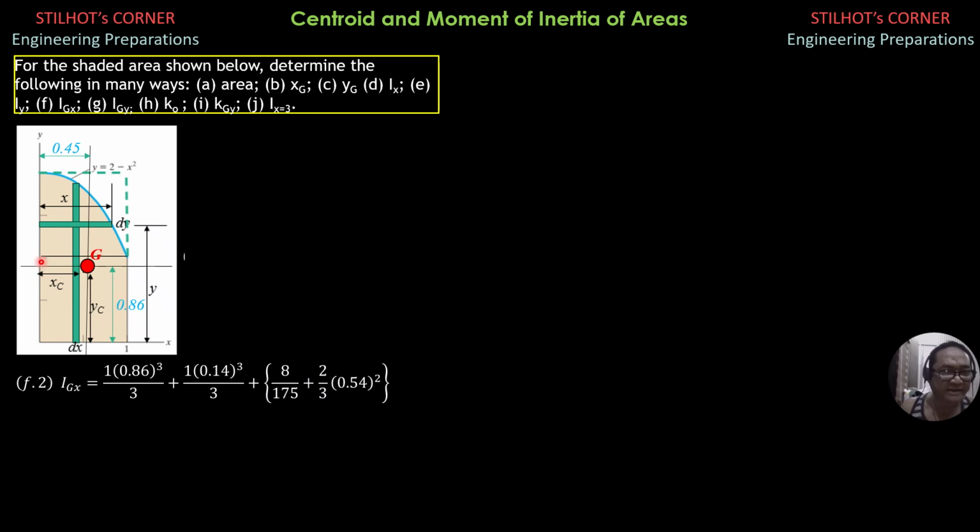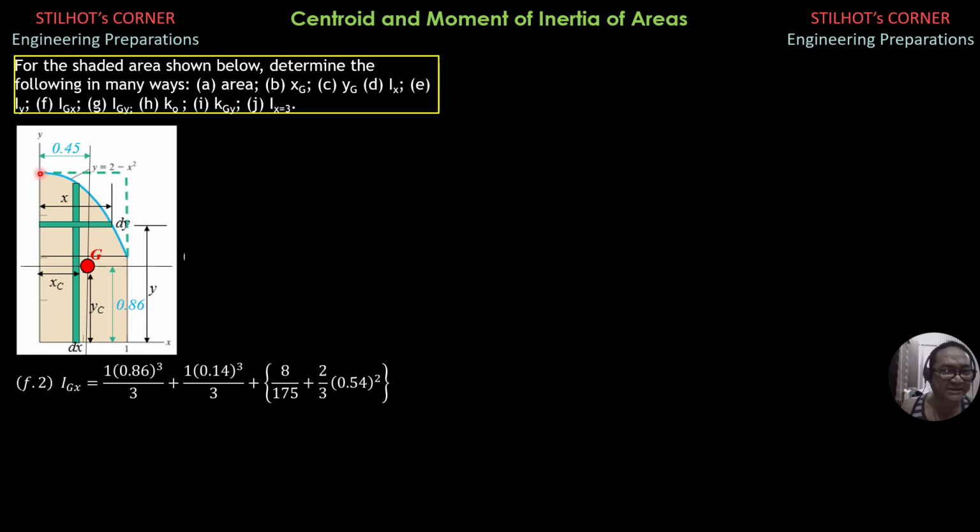Then another rectangle of height 0.14, where 0.14 is equal to 1 minus 0.86. So the moment of inertia with respect to the base, or with respect to the centroidal axis, is 1 base, 1 height 0.14 cube over 3. Just like that. Then we have to transfer the centroidal moment of inertia of this parabola to that distance.